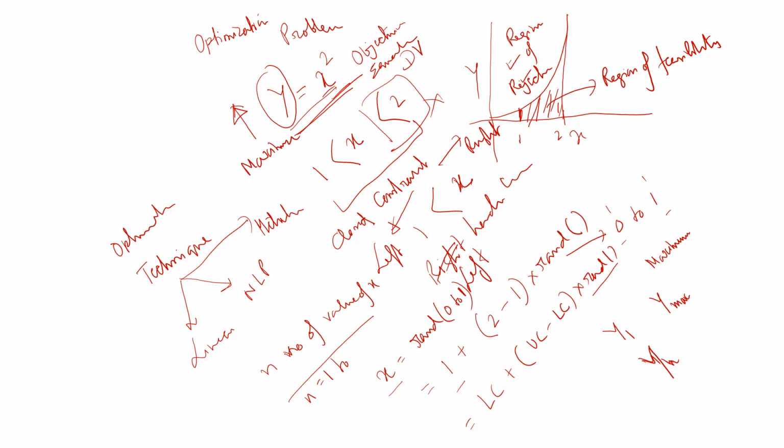Then in the second iteration, again you generate n number of values of x, put it into this equation and then into this objective equation. In the second iteration, there will be again n number of y's. And then again you identify the maximum of them. So you have two y's now, one from the previous iteration, another from the present iteration.